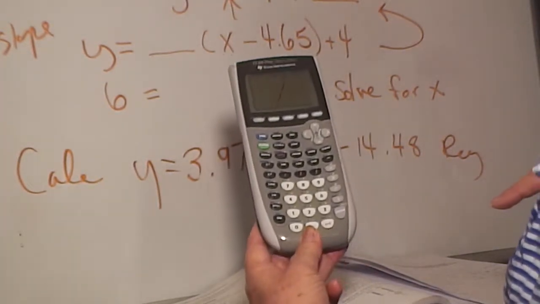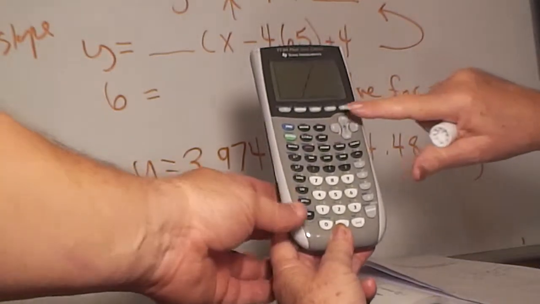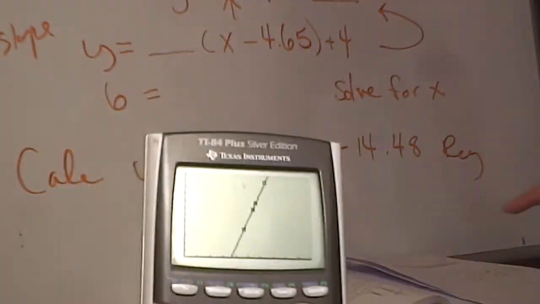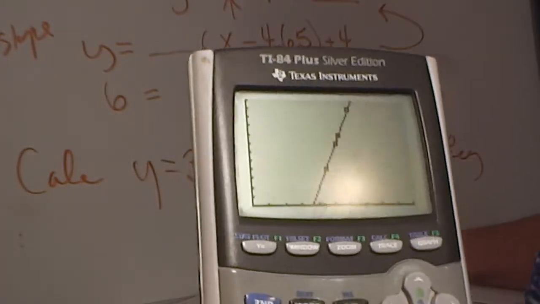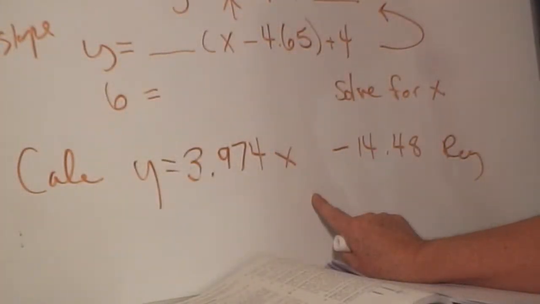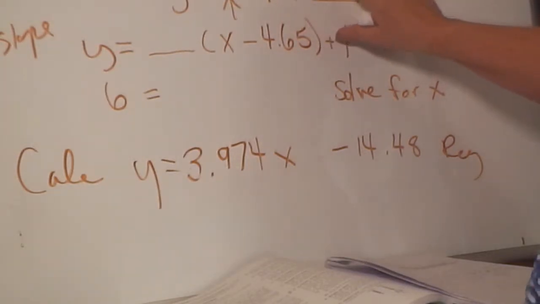It does. Once that's there, I could hit trace and find out where my y value is 6. So we've done it by hand. We've done it with the graphing calculator and gotten the regression equation. On your smoking project, you will have to use the points that I ask for by hand.